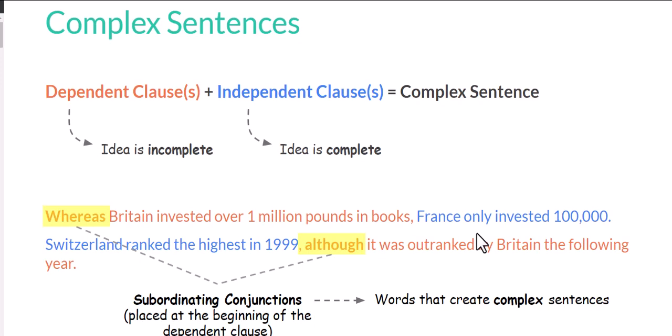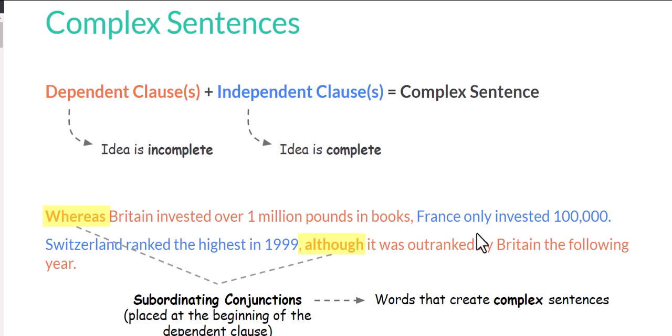Now I'm going to move to the complex sentence. If you don't understand, go back to the previous episode. Now we're ready to talk about the complex sentence.